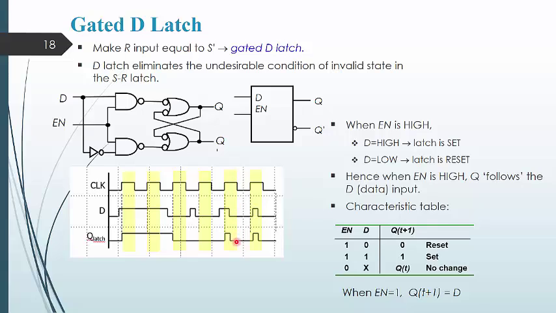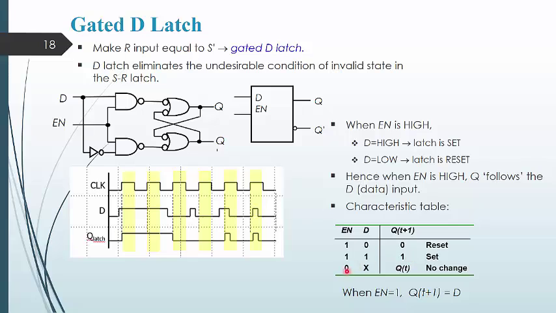That's why in the truth table or characteristic table of this latch, we say that when enable is high, the next state changes according to D. With En as 1, if D is 0, the next state will be 0. With enable high, if D is 1, the next state will be 1.